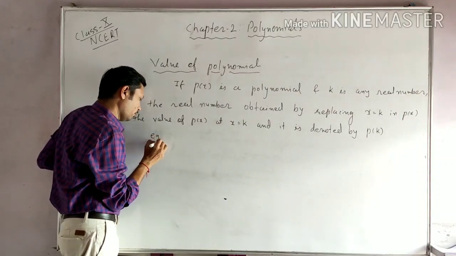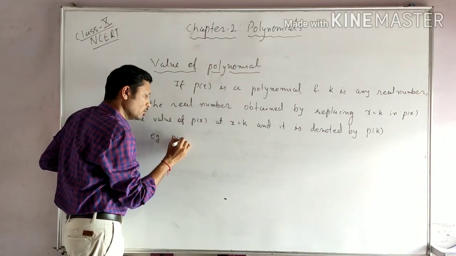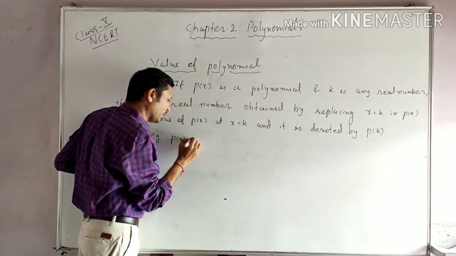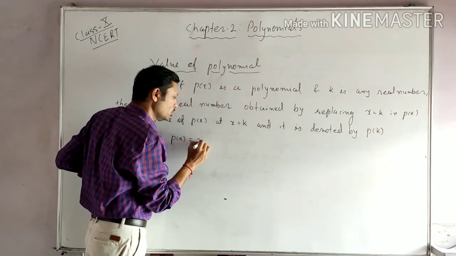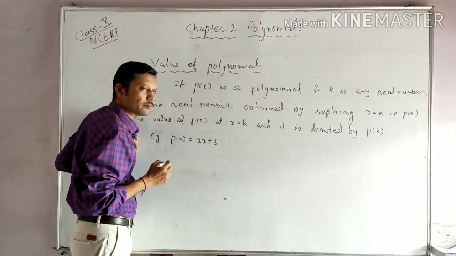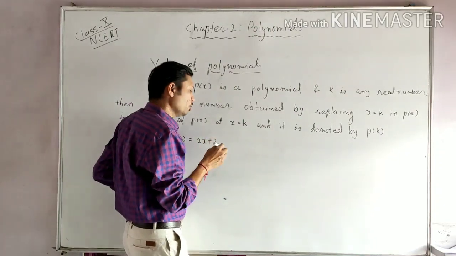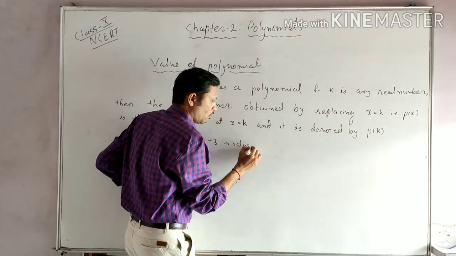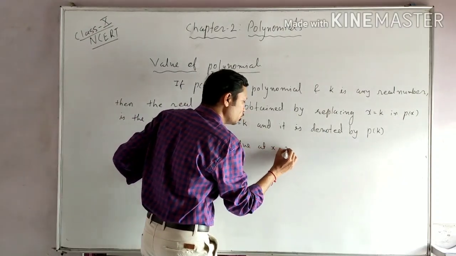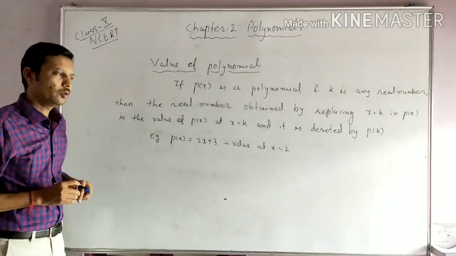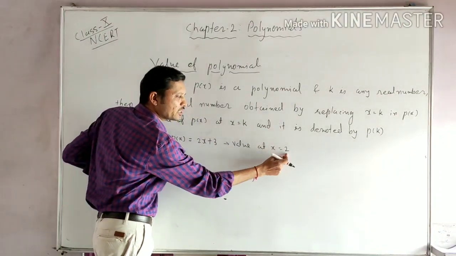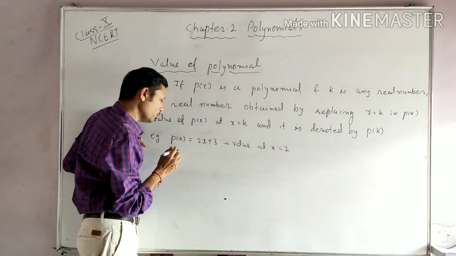Suppose we are taking one polynomial, p of x equal to 2x plus 3, and we want to find out the value at x equal to 2, for example. Okay, so simply we have to replace x equal to k, that means x equal to 2, in our polynomial.